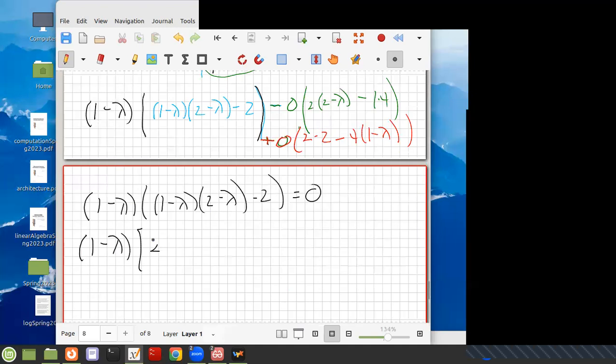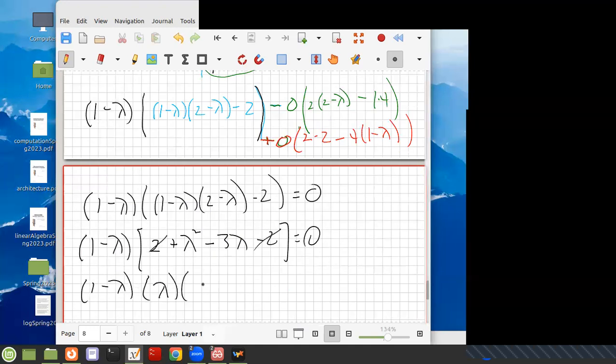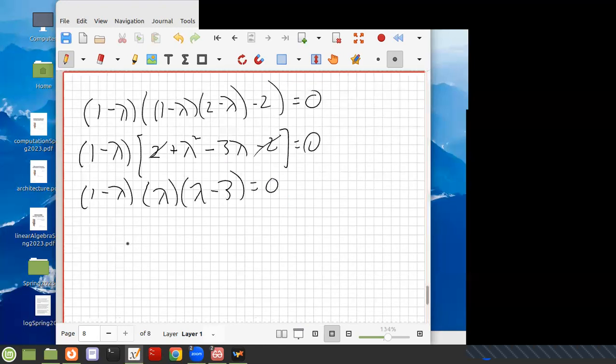We multiply, this is going to be 2 plus lambda squared minus 2 lambda is minus 3 lambda minus 2 equals 0. So we end up with 1 minus lambda. The 2's here cancel, and we end up with lambda times lambda minus 3 equals 0. So we end up with lambda 1 equaling 0, lambda 2 equals 1, and lambda 3 equals 3.